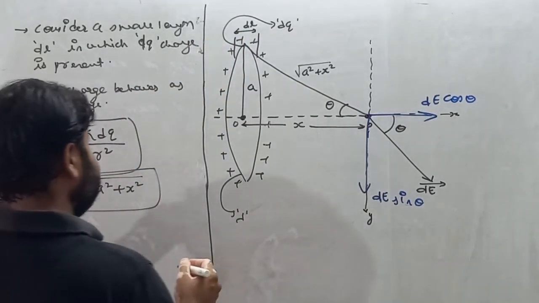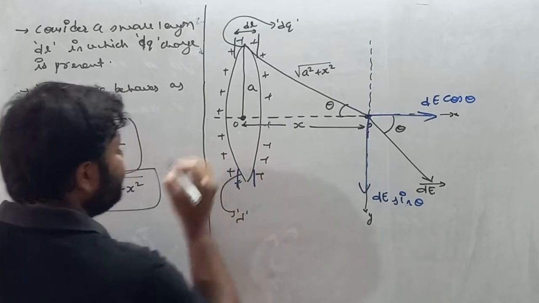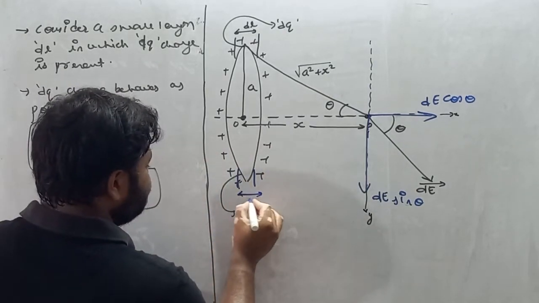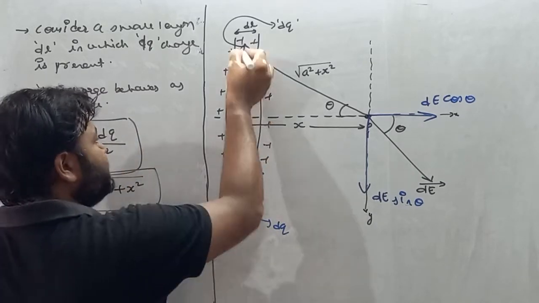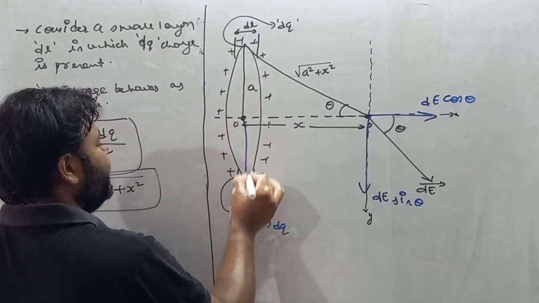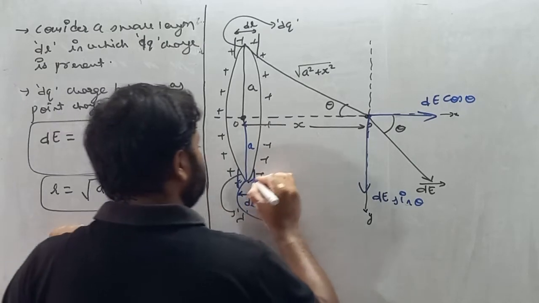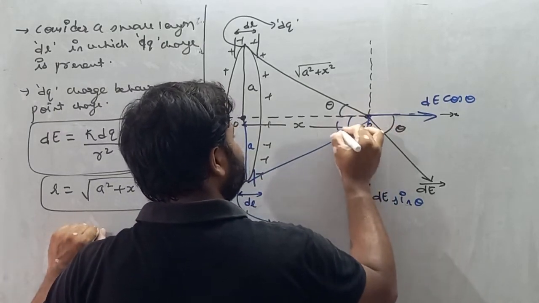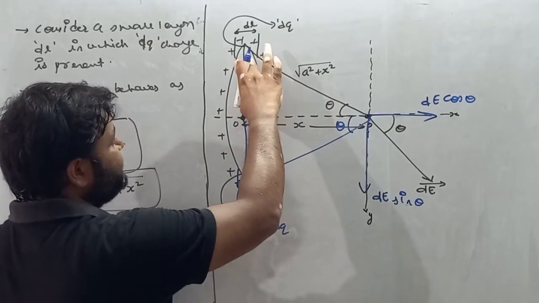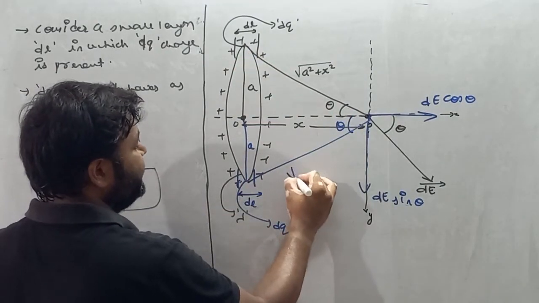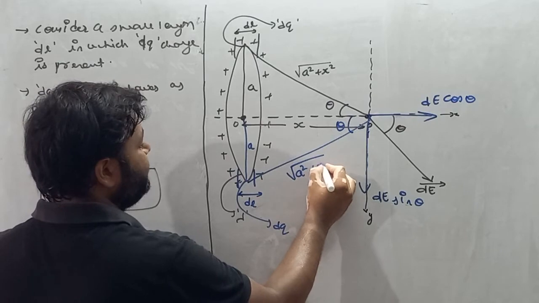So I'll take a similar length here. Let's say this length is dl, in which again dq charge is present. If this distance is a, then this distance is also a. If this angle is theta, this angle is also theta. This distance is x, this distance is a, and the angle is theta, so we'll get a square plus x square.